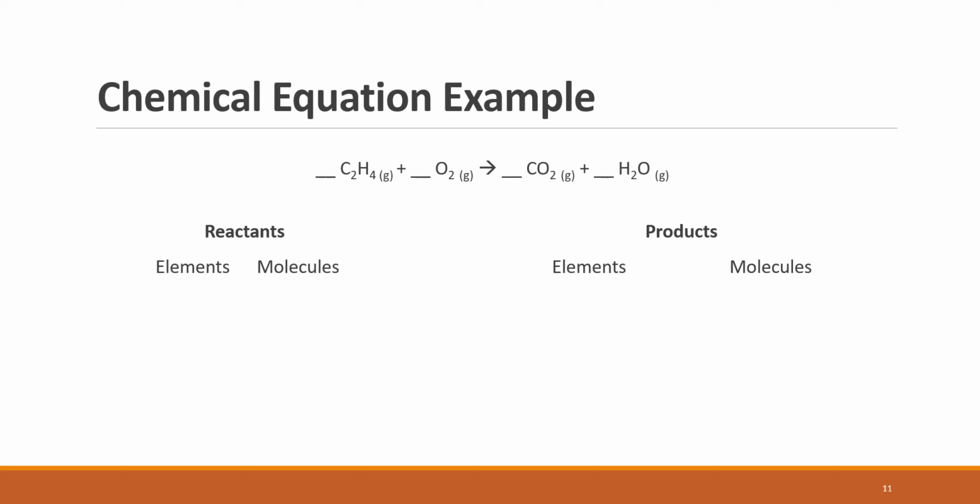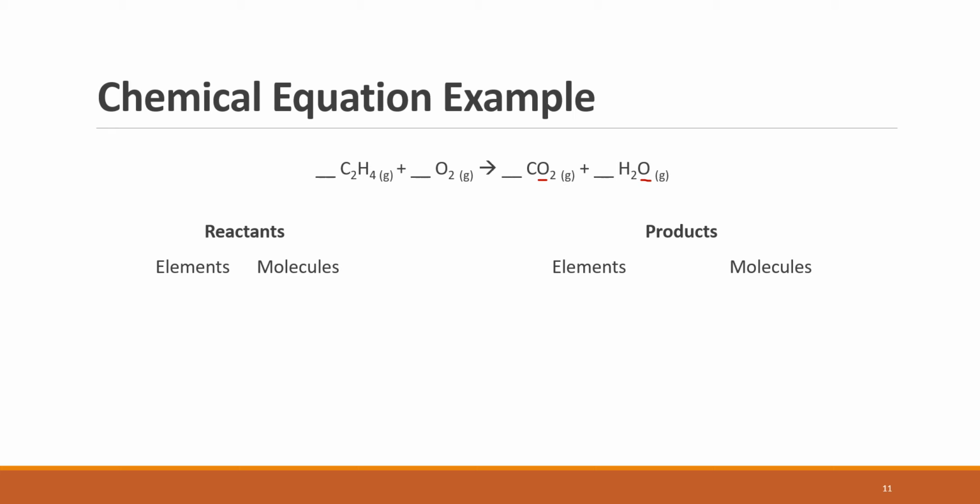Now, I will give you a hint. When you're balancing equations such as this, whenever you have the same element in more than one spot, so what I mean by that, in this case on the product side, notice you have oxygen here in the compound carbon dioxide, and you also have oxygen here in the compound of water.